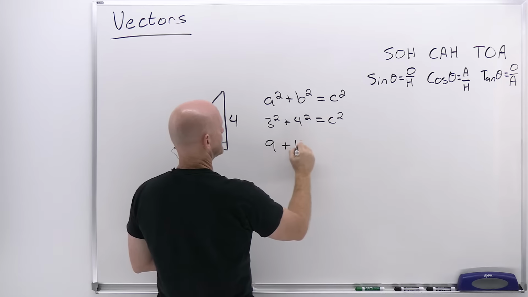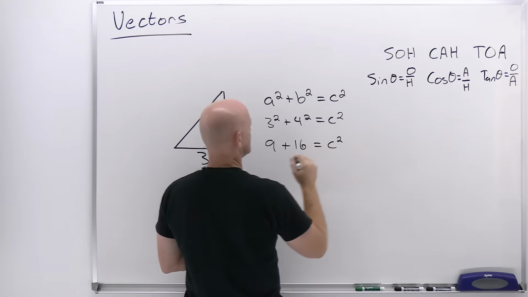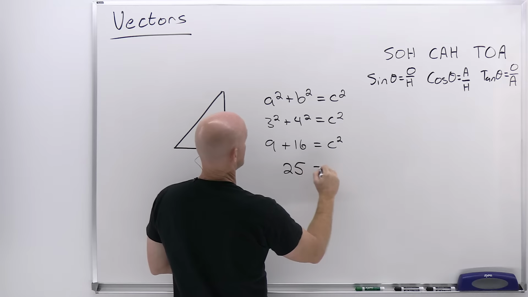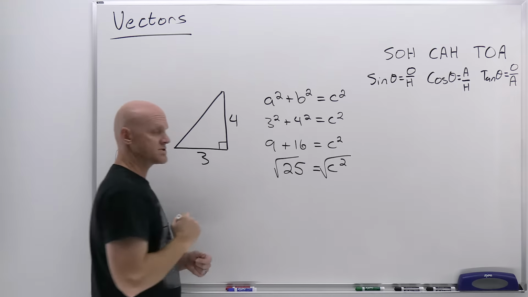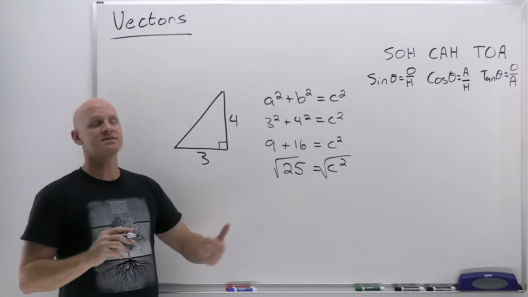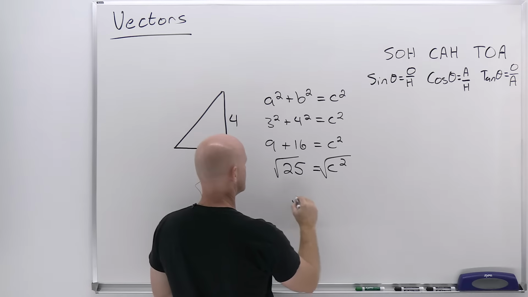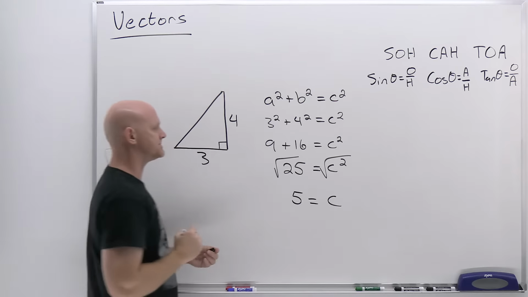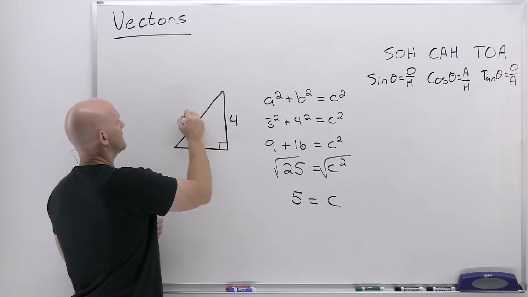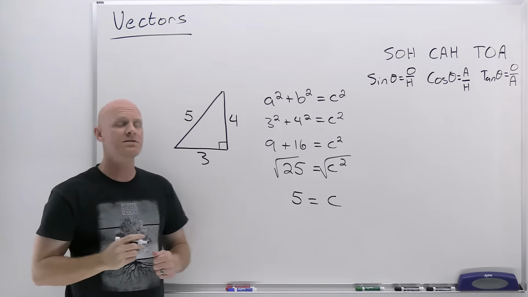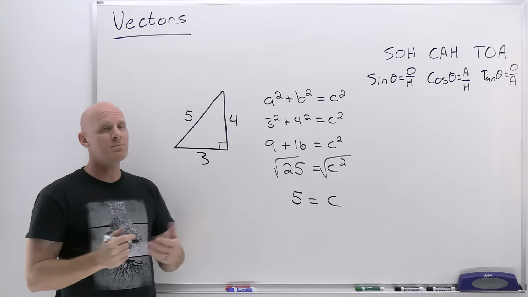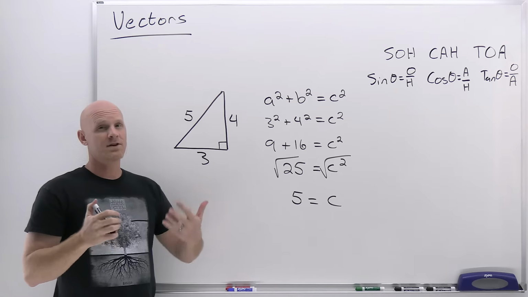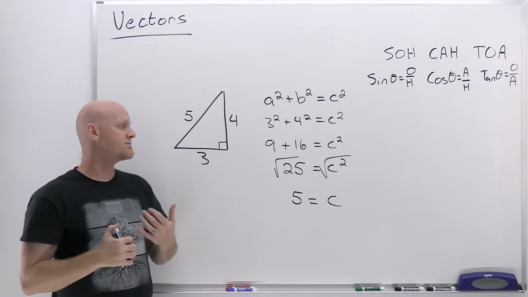So 9 plus 16 equals c squared, or 25, and I'm writing this out all the way on purpose, just to make it explicit. We'll take the square root of both sides, and we can see that the square root of 25 is indeed 5. So this hypotenuse is equal to 5, and indeed it is a 3, 4, 5 right triangle. It's a very convenient triangle to use for this example because it makes the numbers easy, at least for the lengths of the sides.